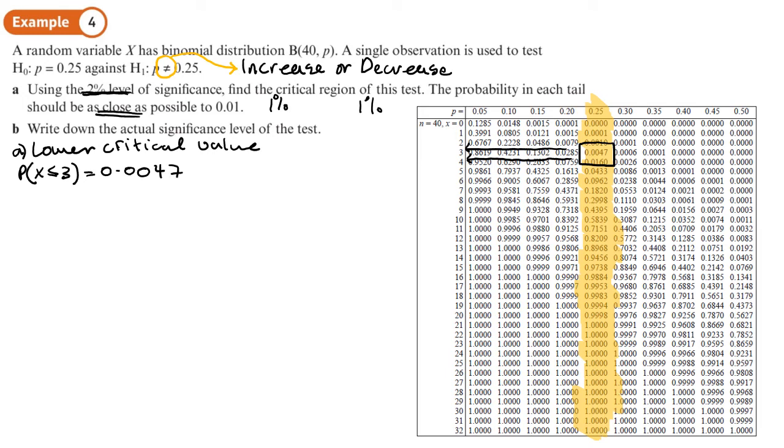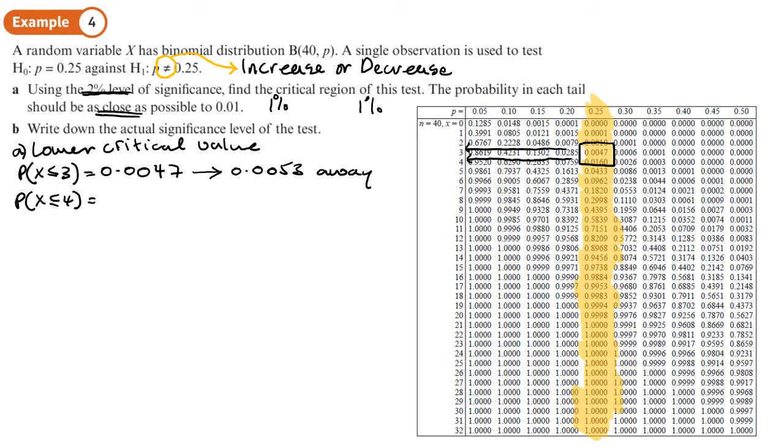Let me work out how far away that is from 1%, and that value is 0.0053 away from 1%. Let's go up to the next value, less than or equal to 4.